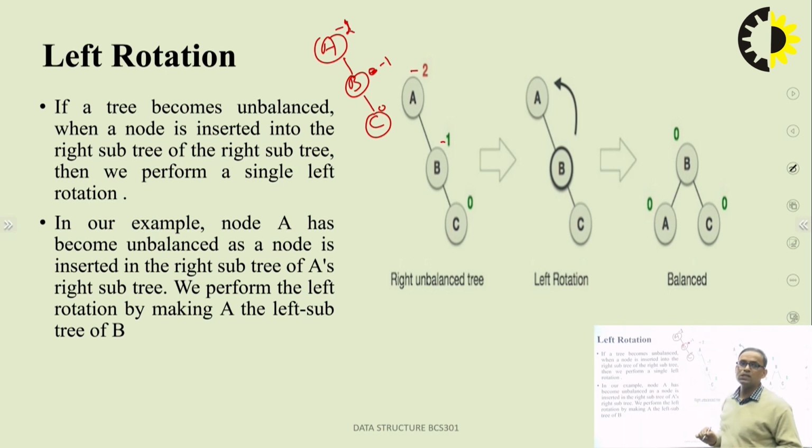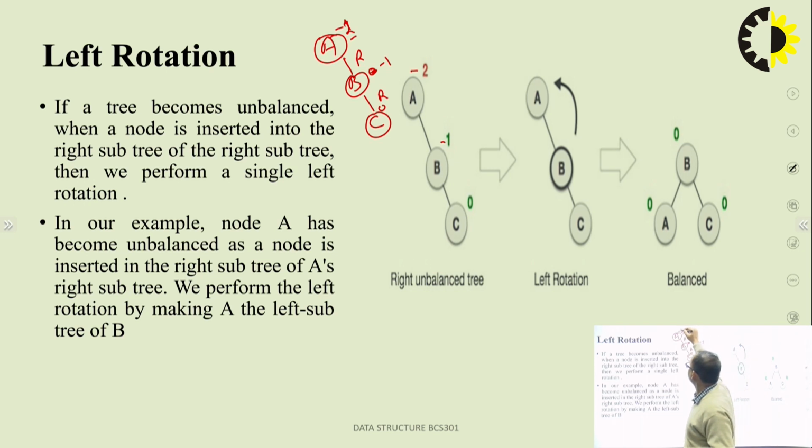So when we insert a node in the right subtree of a particular node, please try to understand, this is a particular node A, B is in the right side of A, and C is in the right side of B. Here the balance factor of A is unbalanced, it is -2.